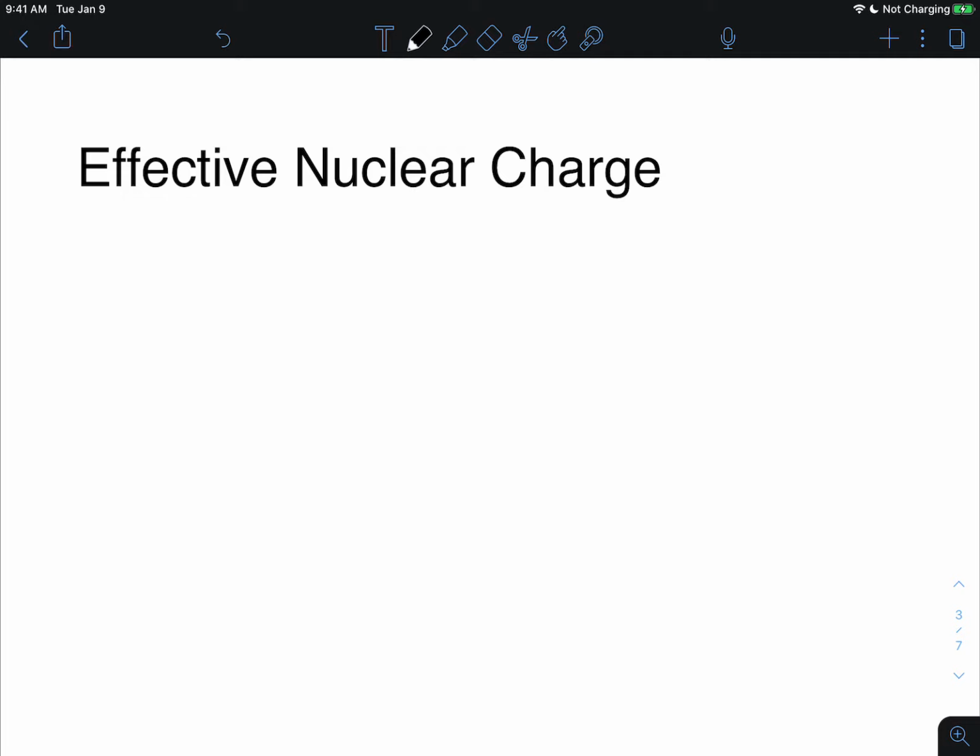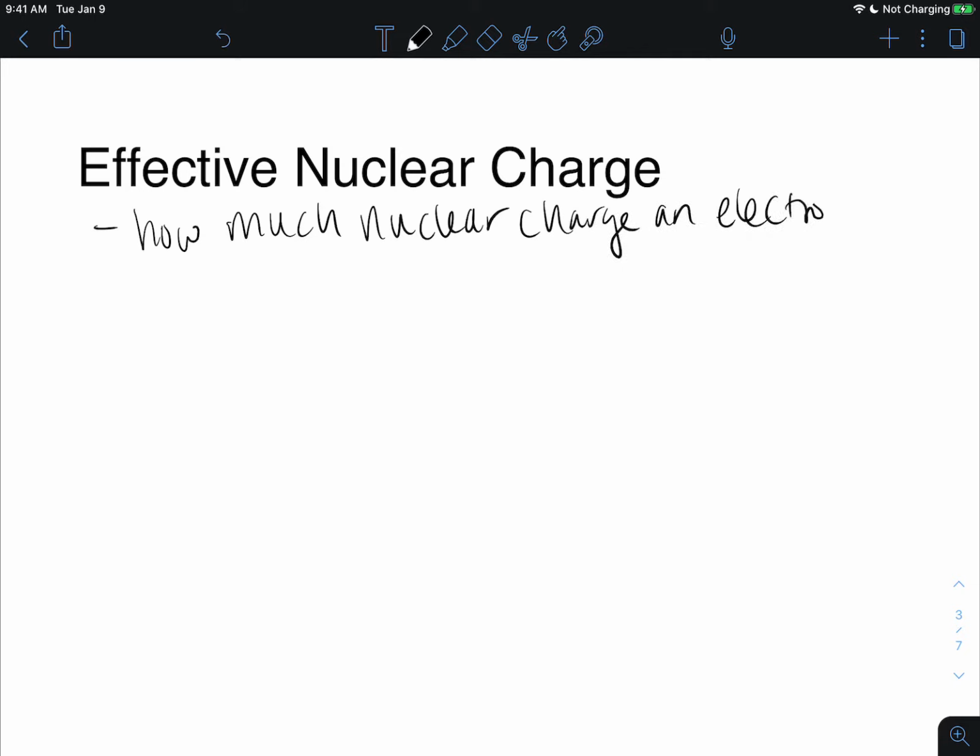So the effective nuclear charge itself is basically how much nuclear charge an electron feels. Remember that in our nucleus we have protons and neutrons.